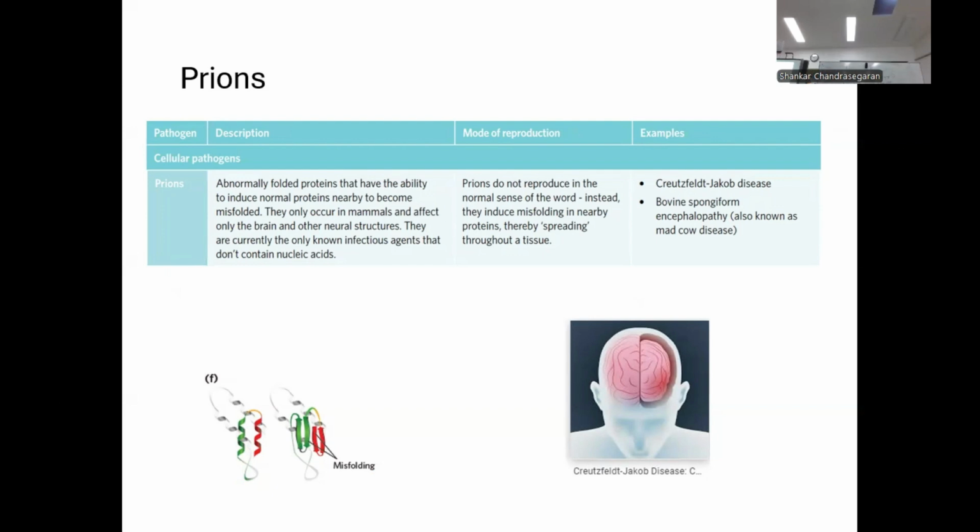They only occur in mammals and affect only the brain and other neural structures. They are currently the only known infectious agents that don't contain nucleic acid, basically the only pathogen known to not have any genetic information, right?